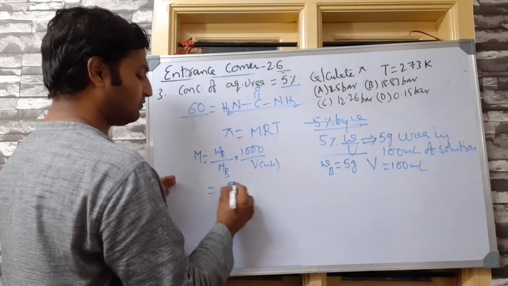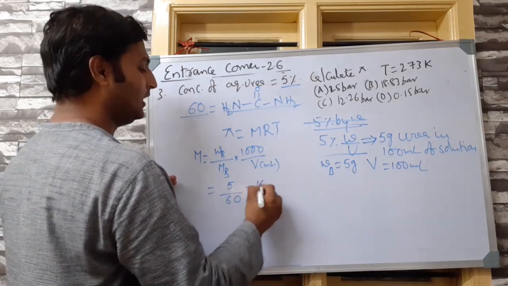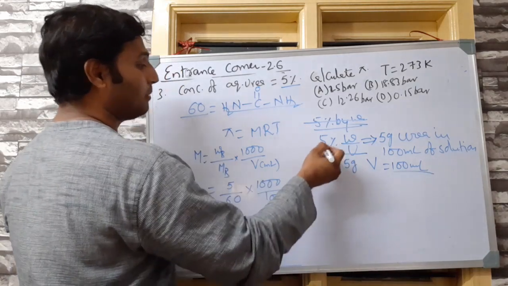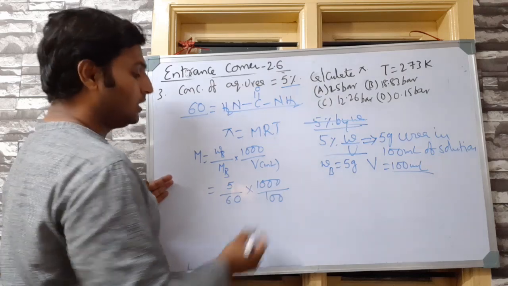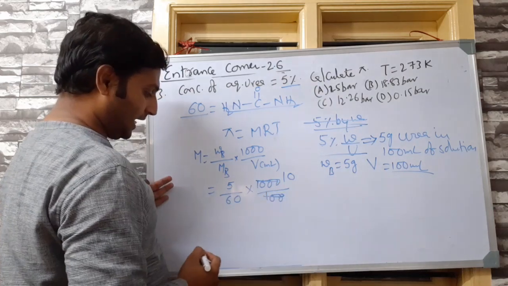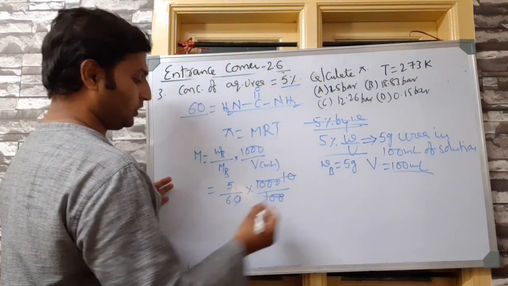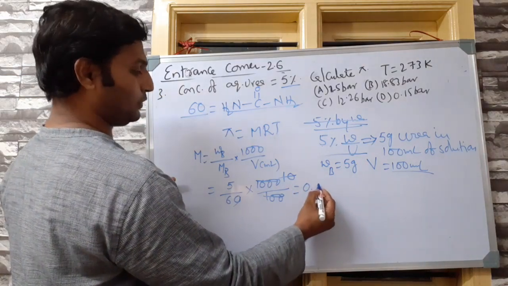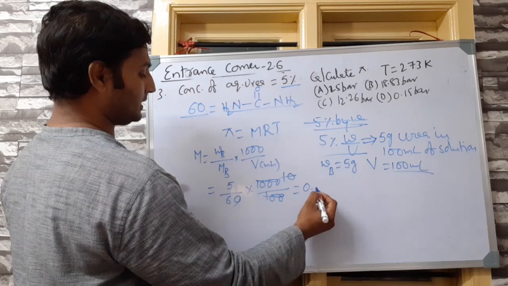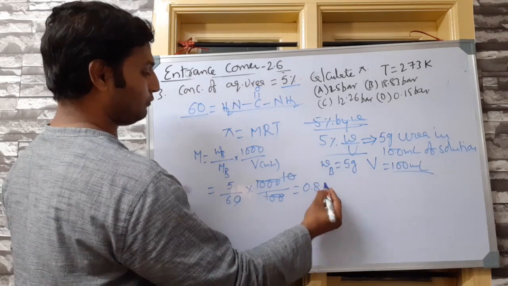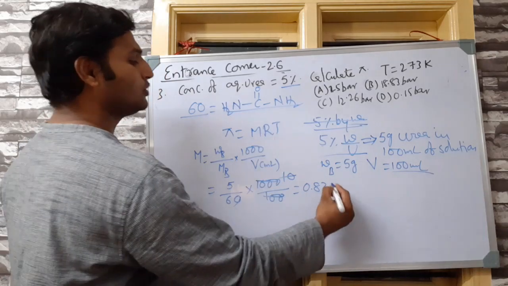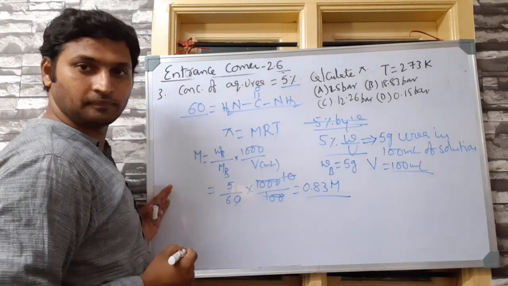The weight of solute is 5, the molar mass is 60, into 1000 divided by the volume of solution, which is 100 because he said percent. So 10 times, you will be left with 5 by 6. 6 8s are 48, then 6 3s are 18, 0.83 recurring you will get. So I will take 0.83 molar.